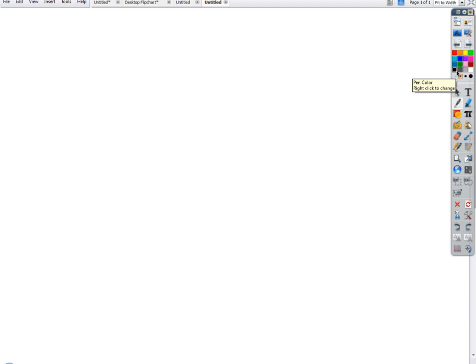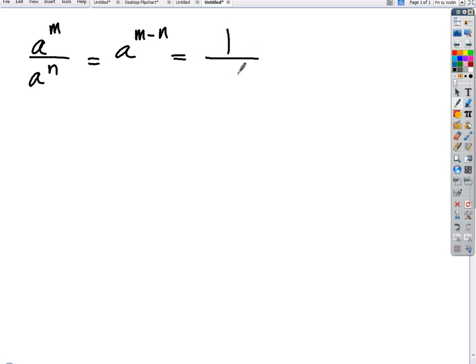If I have a to the m divided by a to the n, and I'm dividing like bases, I what the exponents? Subtract. Good. So that's equal to a to the m minus n, but it's also equal to 1 over a to the n minus m.